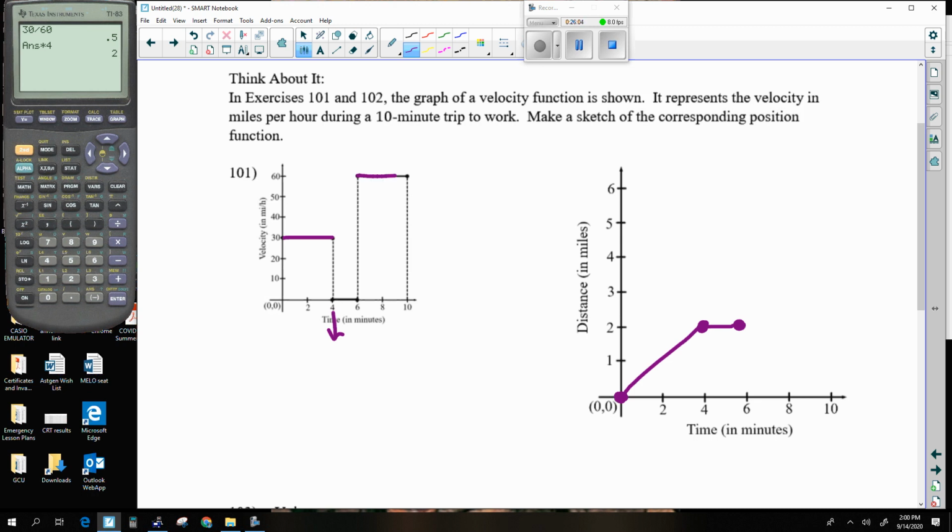And then I go 60 miles an hour for another 4 minutes. So 60 miles an hour is 1 mile a minute. So I am going to go 4 more miles in this. So 4 more miles would put me up to 6. And so there it is.